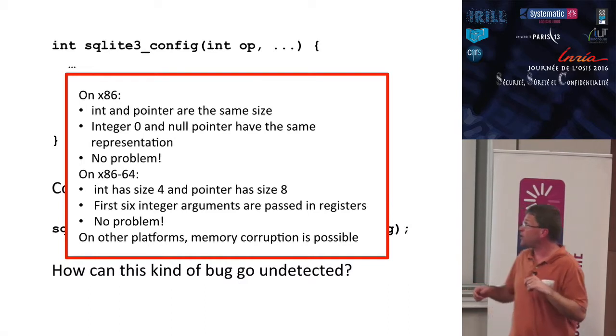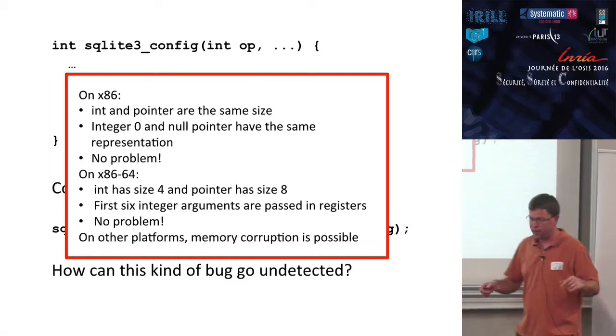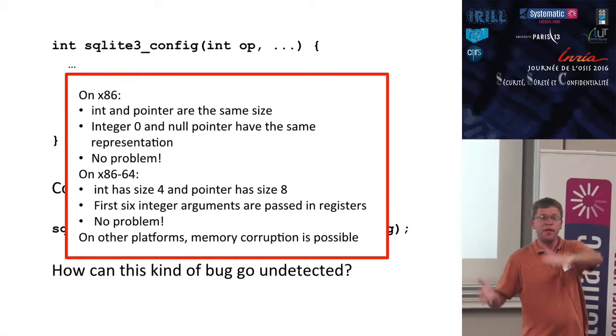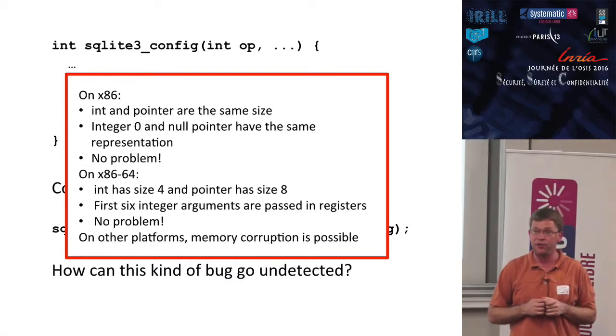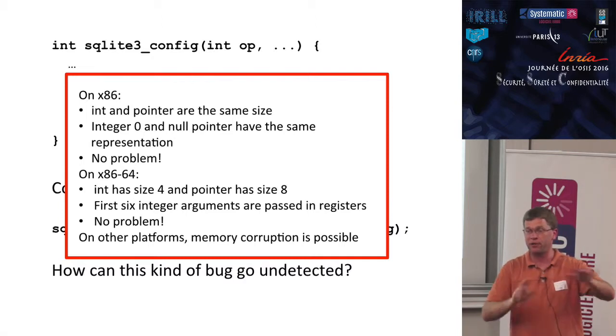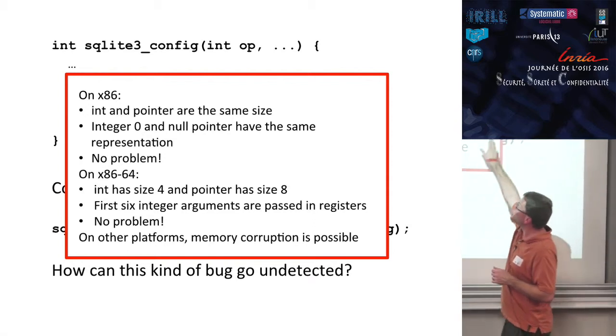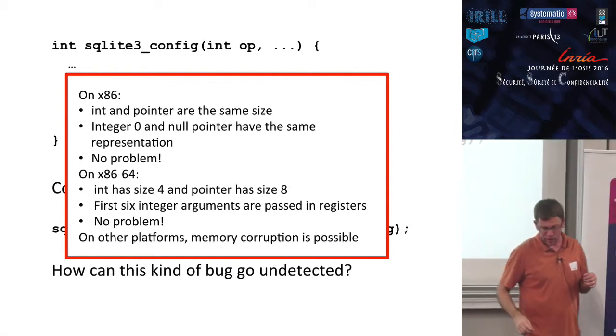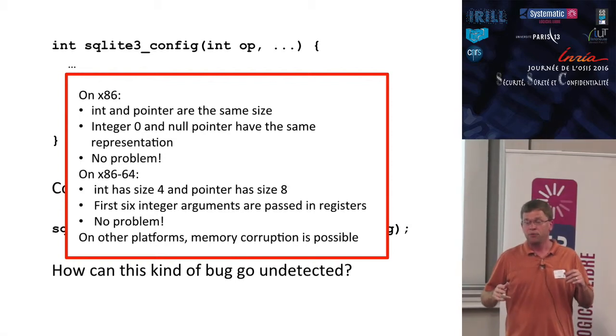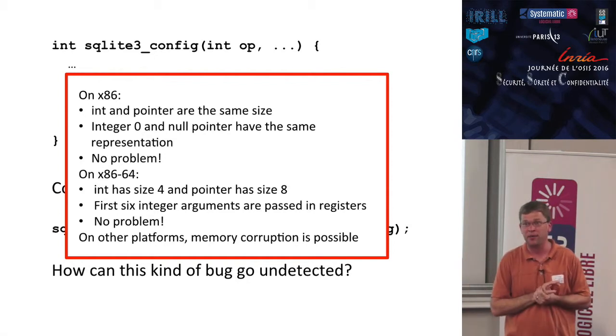On a system like x86-64, where the integer has 32 bits and the pointer is 64 bits, this would be a very dangerous crash where we're getting garbage memory and corrupting things, except that the x86-64 calling convention says that the first 6 scalar arguments go into registers, and when the 32-bit argument is loaded into a 64-bit register, it gets an implicit promotion to 64 bits, and then it happens to work again anyway. So pure chance is the reason that this program works.